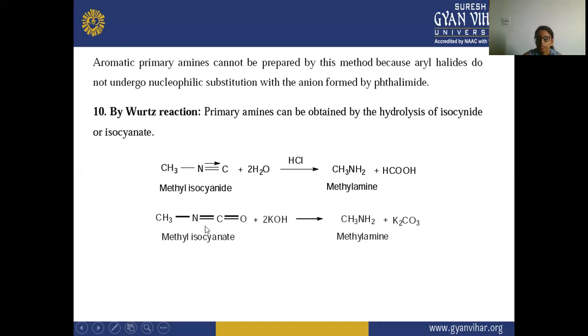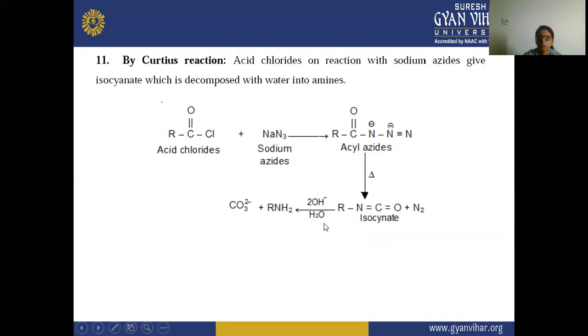Two oxygens came from here and one oxygen is here, so K2CO3 is formed, and these two protons are removed from here and bond with the nitrogen, forming the primary amine, methyl amine.